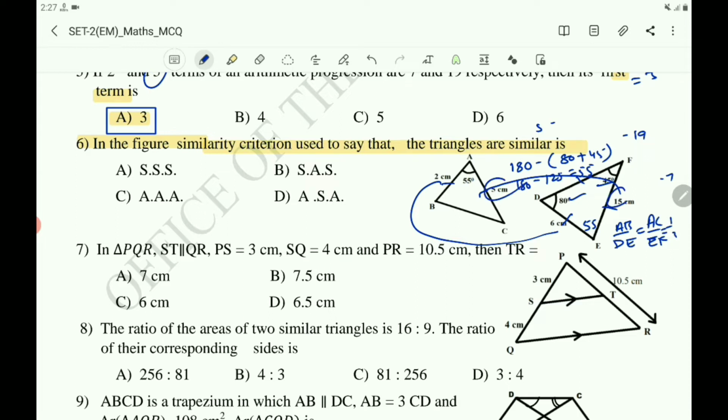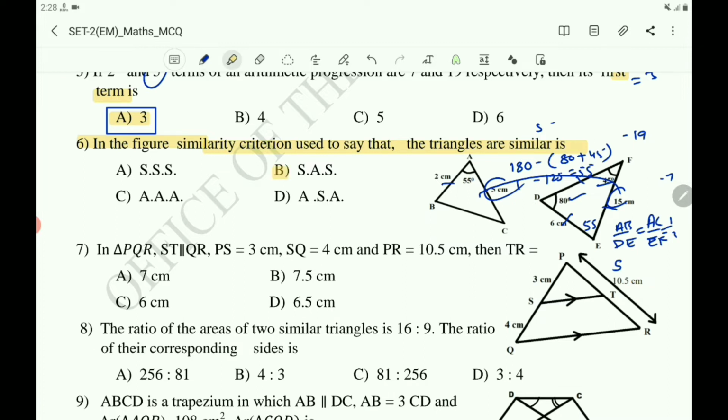And the angle between AB and DE is 55 degrees, and the angle between AC and EF is also 55 degrees. So two sides are in the same proportion and the angles between them are equal. So according to the SAS criterion, these two triangles are similar. So the similarity criterion used here is SAS.